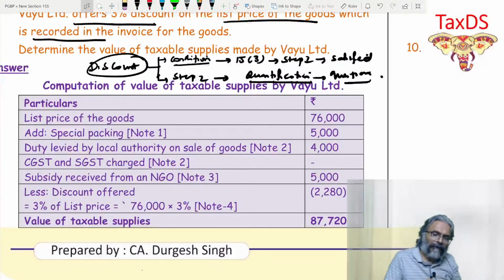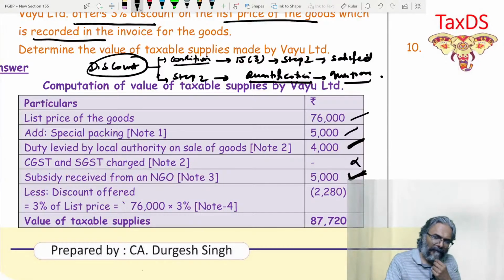So the list price of the goods 76,000. Add special packing, note number 1. Duty levied by local authorities on sale of goods, note number 2. In this context, GST will not be considered. Subsidy received from an NGO, students, 5,000.